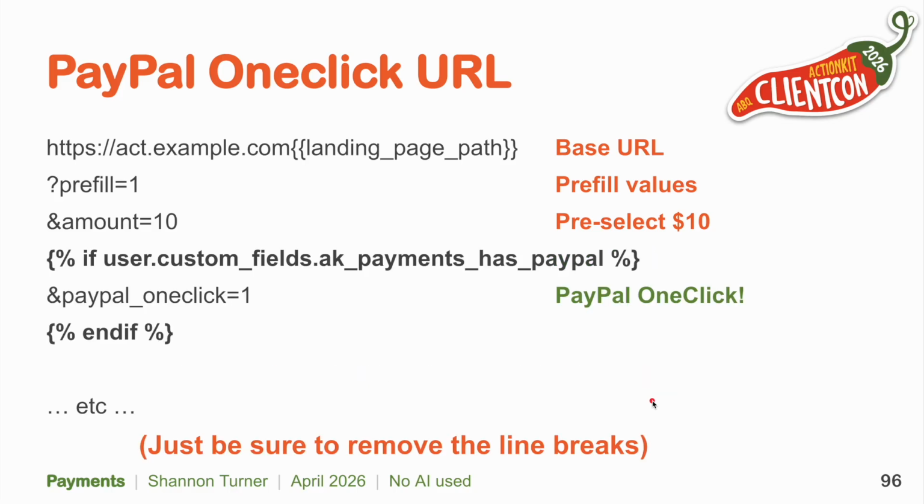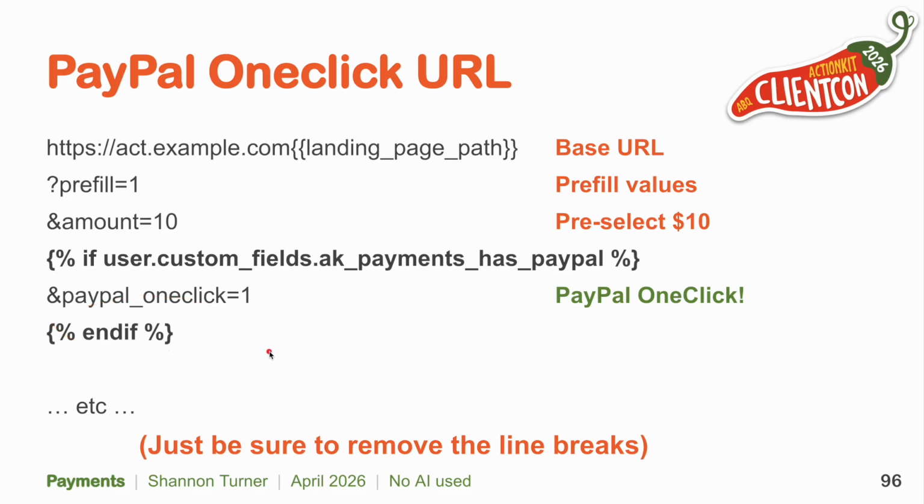Here's an even better version of this last slide with a snippet to conditionally add in the PayPal one-click URL parameter based on whether this user has a PayPal account or not. So if user.customfields.akpayments.has PayPal, and if so, then we're going to include that PayPal one-click equals 1, and then we have an endif.